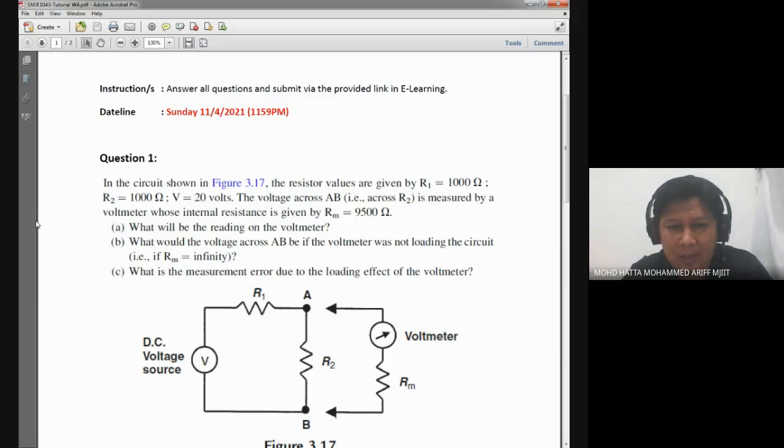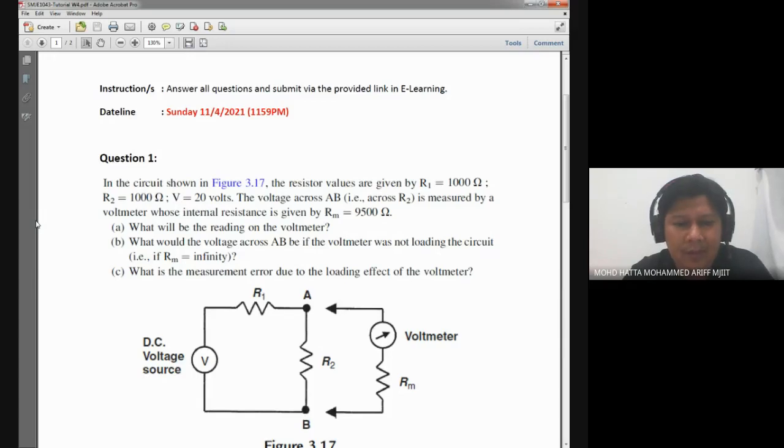Basically, this is a question which is, I think, similar with the one that you saw in our lecture notes, except that the circuit is a little bit simpler.